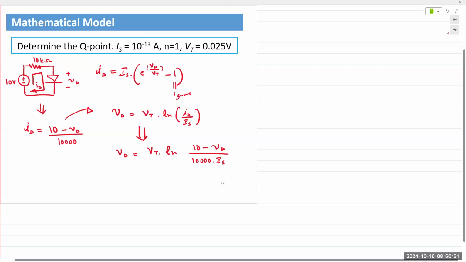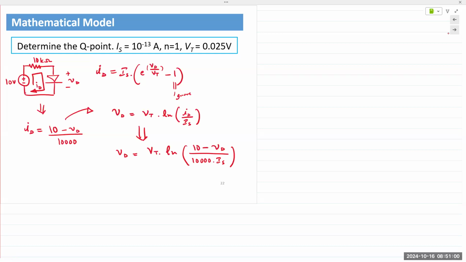Okay. So we have simply plugged ID into the diode voltage equation. Now we have an expression that is solely comprised of one single variable.